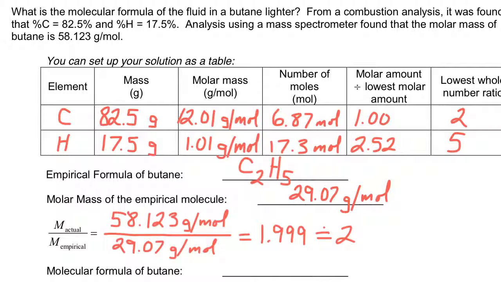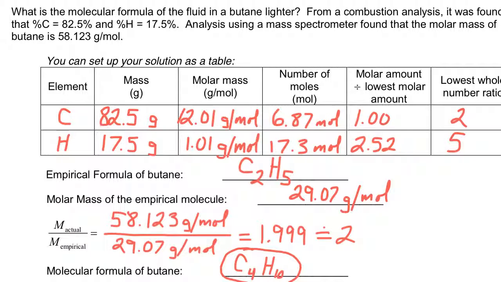So the empirical formula was C2H5. Our actual molecular formula is going to be twice that. So all of the subscripts in our empirical formula are now multiplied by a factor of 2. So the actual molecular formula of butane, the fluid in the lighter, is C4H10.